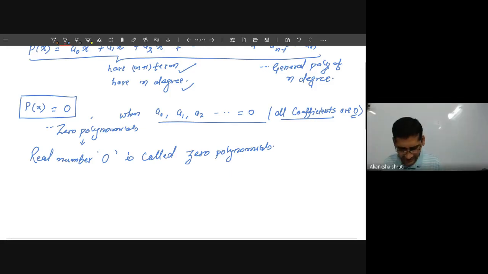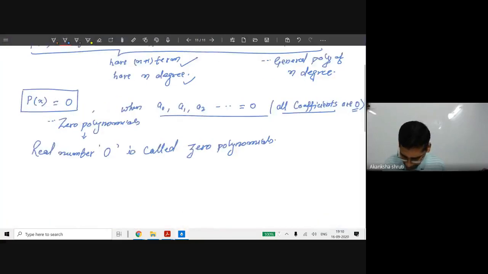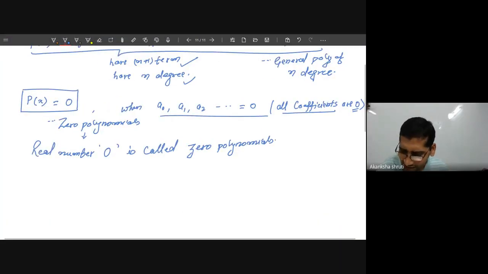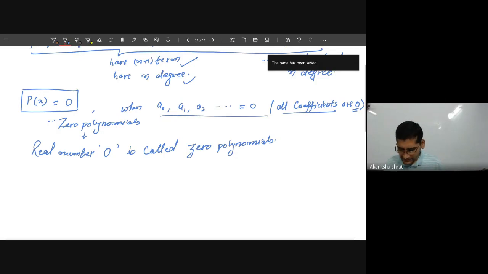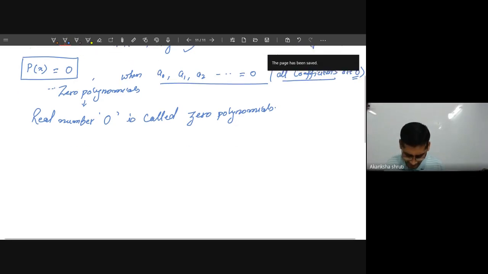Students, we will understand how that degree is different. If anyone asks you what is the degree of this polynomial, what will you say? If the polynomial P(x) is 0, then what is its degree?